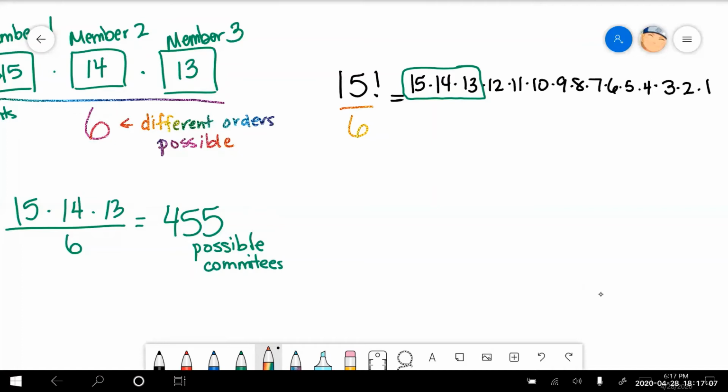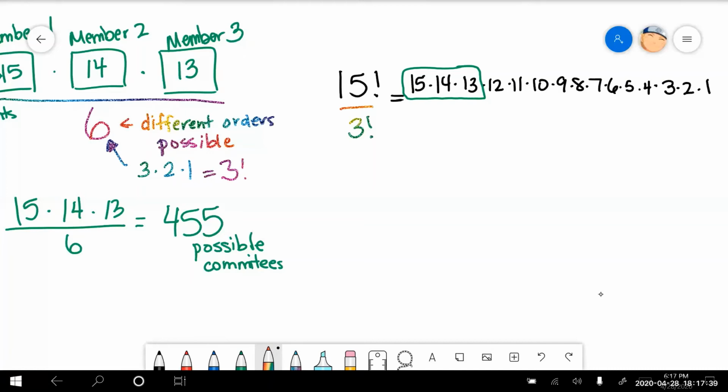I'm going to delete the 6 and change it to 3 factorial. You might be asking yourself, why 3 factorial? Where did that even come from? Well, if I'm very careful with my factorial stuff, I'll make myself a little note here: 3 times 2 times 1 is equal to 6, and so that's equal to 3 factorial.